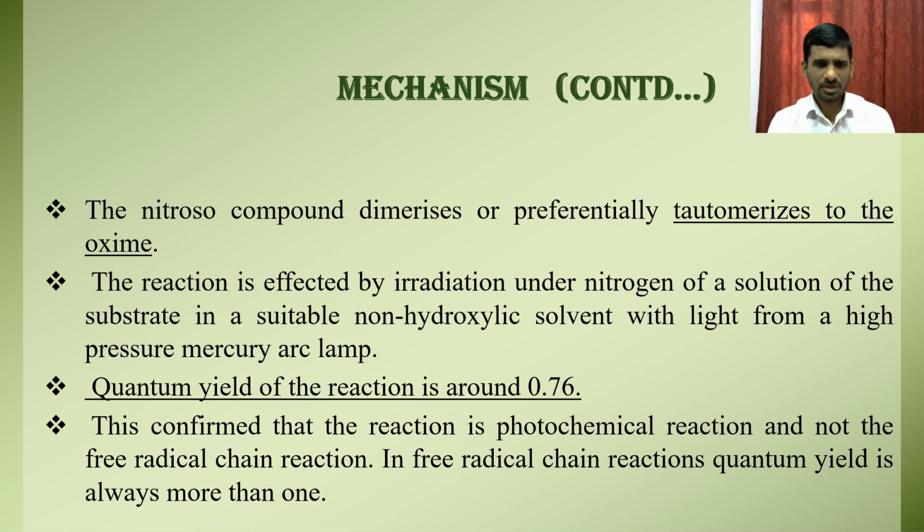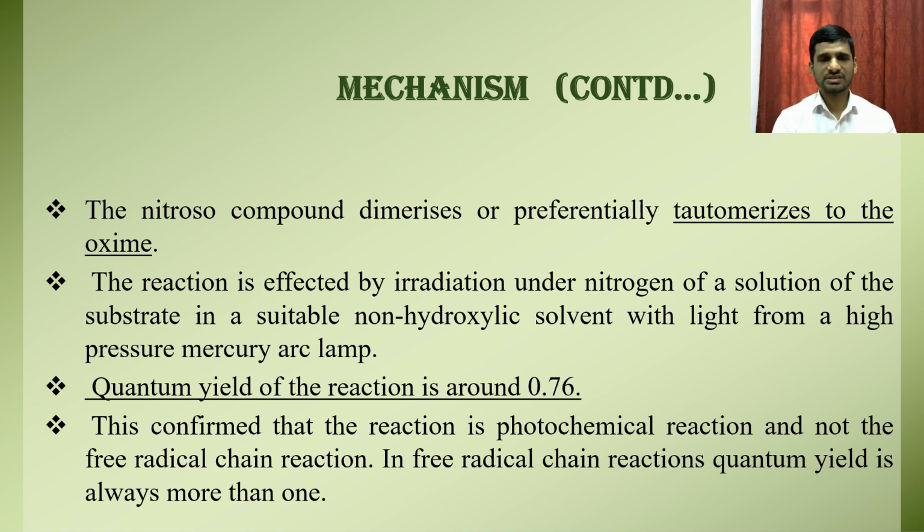The nitroso compound so formed either dimerizes or undergoes tautomerization. Okay, tautomerization is a form of isomerization in which an intramolecular rearrangement results in a change in functional group. The nitroso compound, when it undergoes tautomerization, forms oximes.